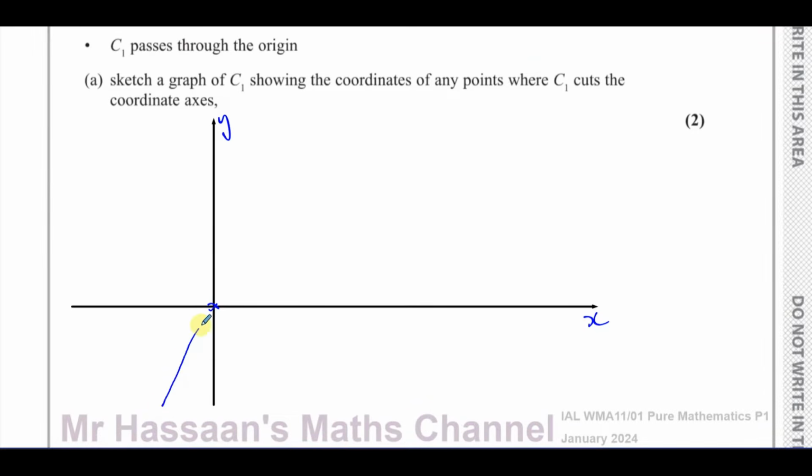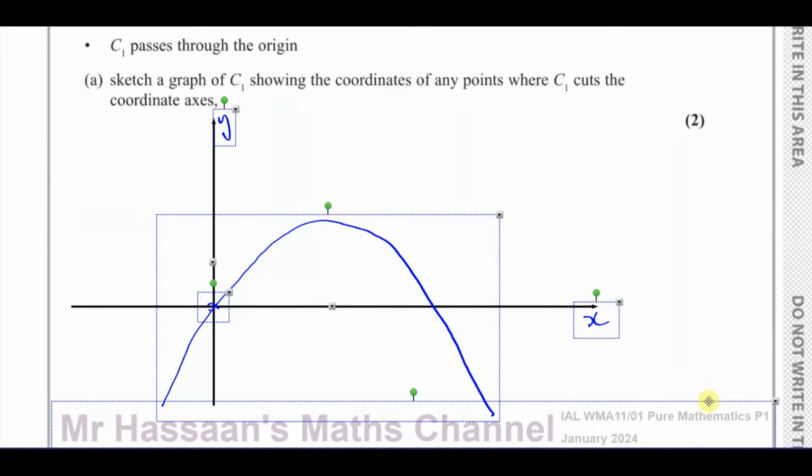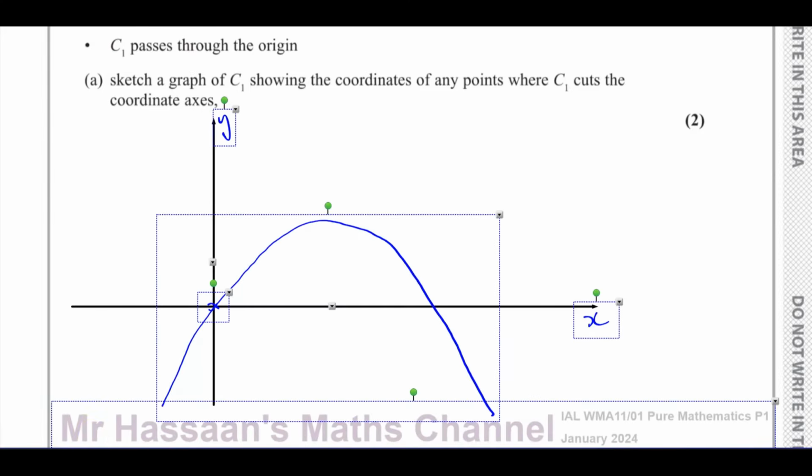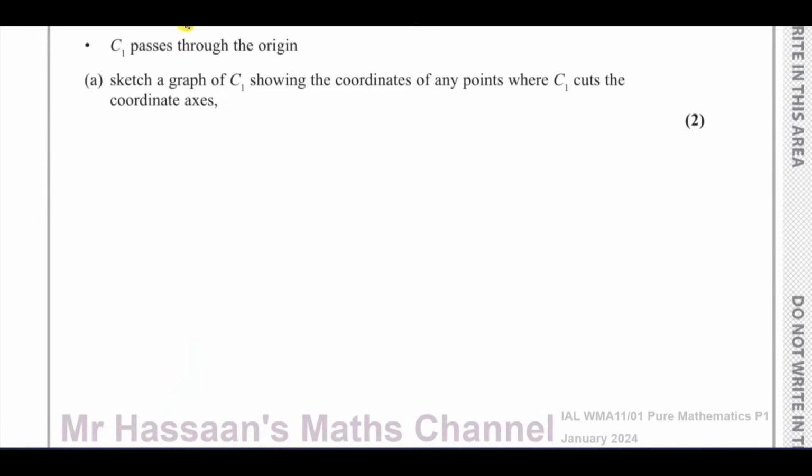It doesn't have to be too neat. In fact, you know what, I'm going to do something else. I'm going to forget about the axes first. I'm just going to draw a quadratic in the middle of space, a frowny face, as neat as possible, without making it go through any points.